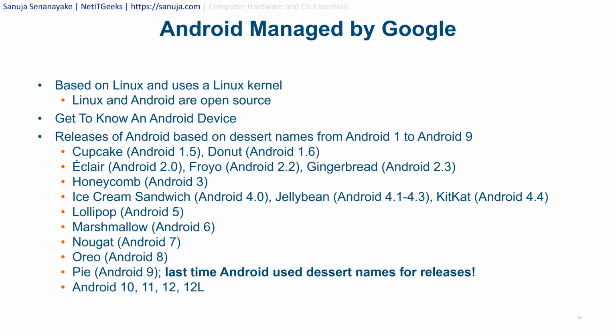Android is managed by Google and based on Linux. The Linux kernel is the foundation for Android, so it is built on the Linux architecture, as I mentioned before. Linux is an open source operating system that you can get from multiple different vendors, so there are many different flavors of Linux.